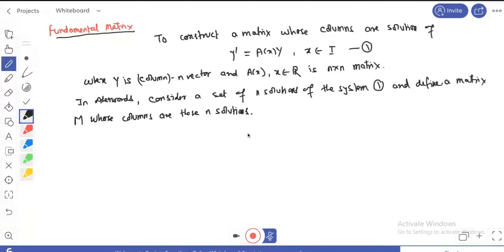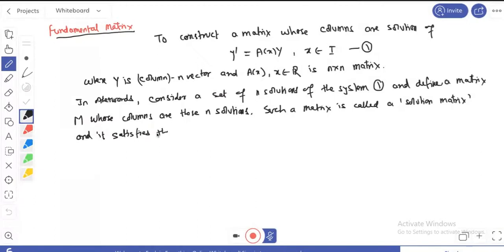Such a matrix is called a solution matrix, and it satisfies the matrix differential equation.